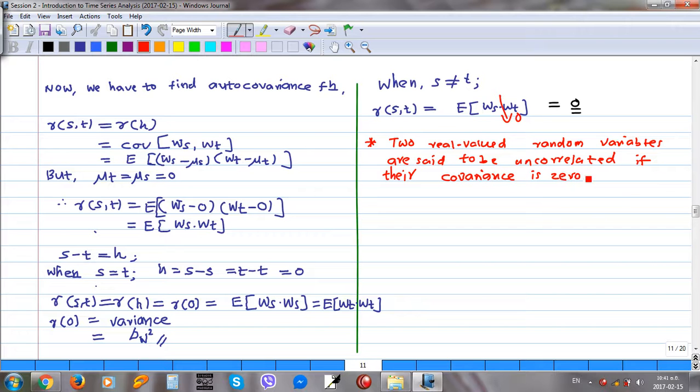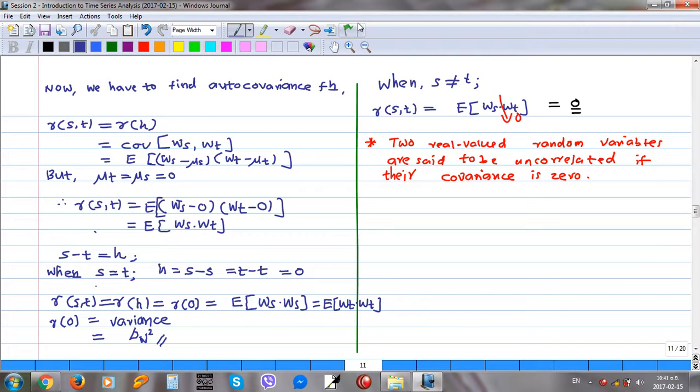Okay, so it is given uncorrelated, it means the covariance equals 0. You have to remember this statement. That is helpful for the simplification of problems, right? So here we can take that is 0.